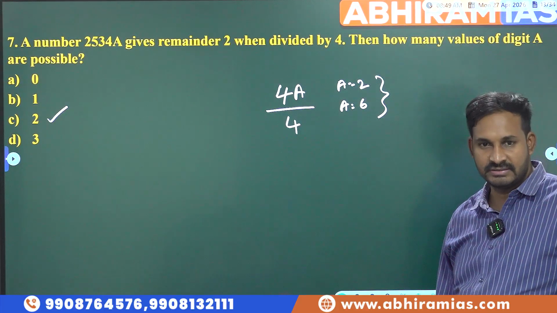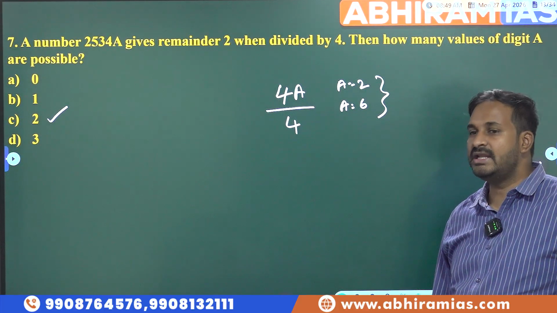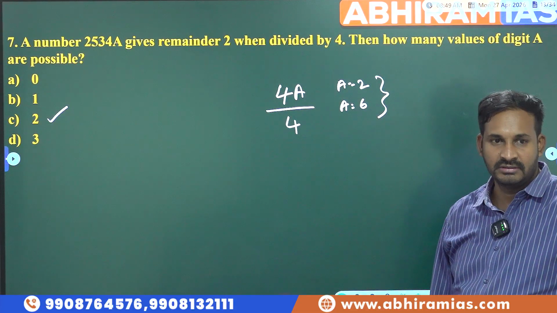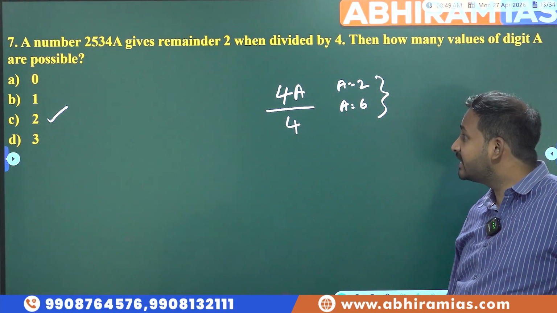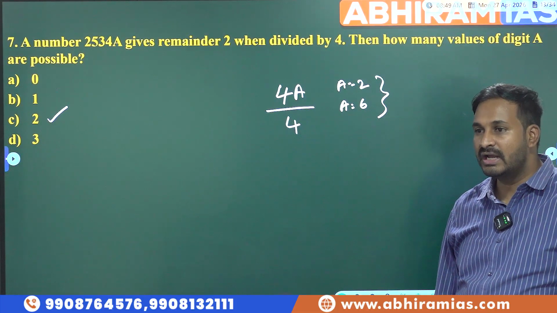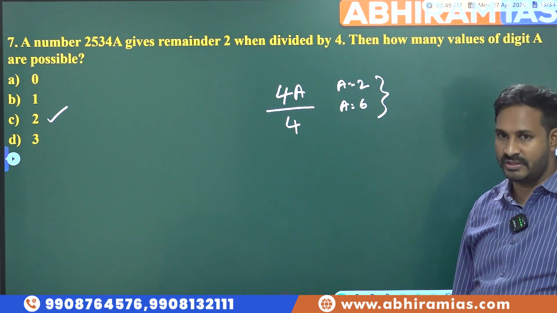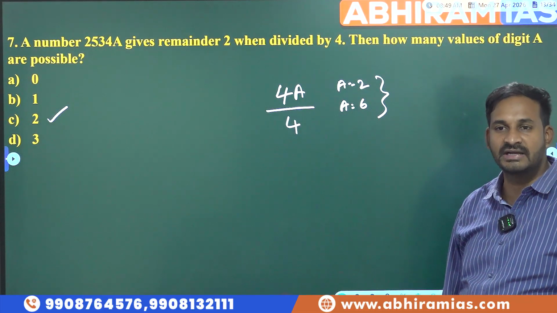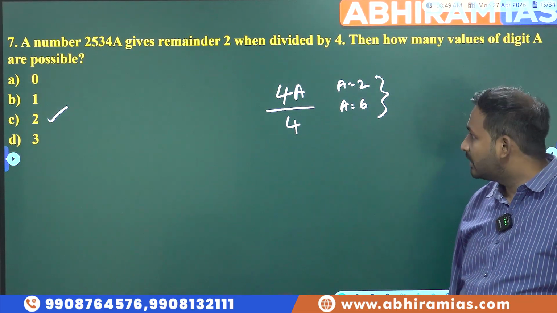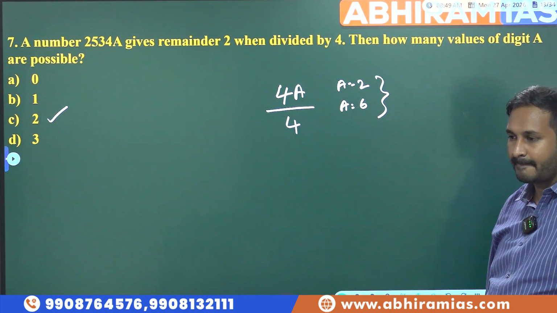That's it. It is not exactly divisible, there should be a remainder. If it were exactly divisible, the answers would be 0, 4, 8. We would have 3 chances. But here it is not exactly divisible. The remainder should be 2. We should have a remainder.